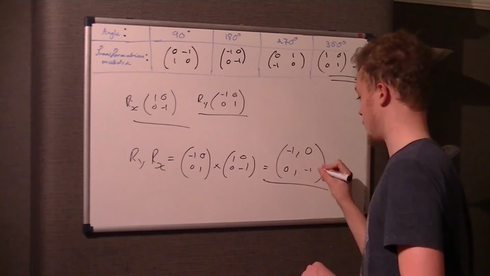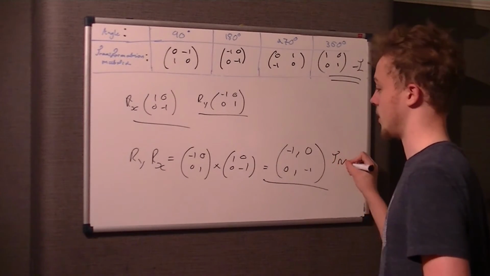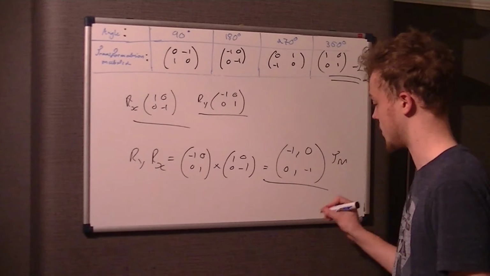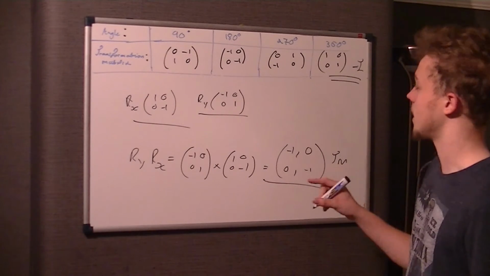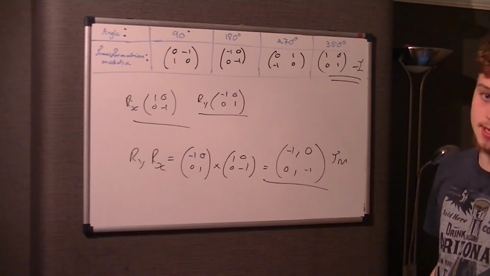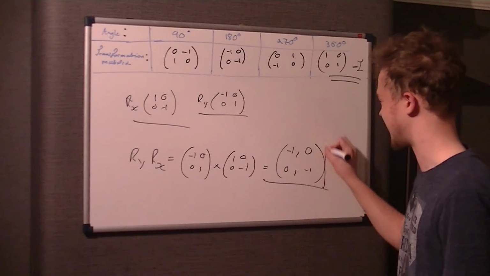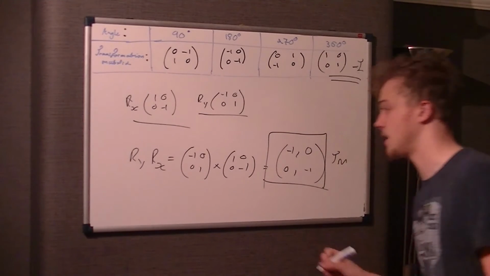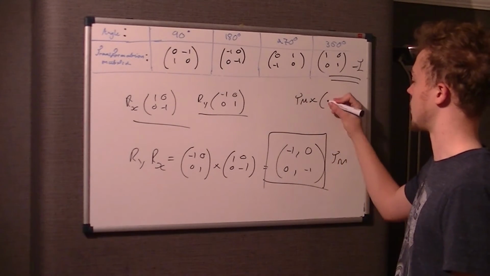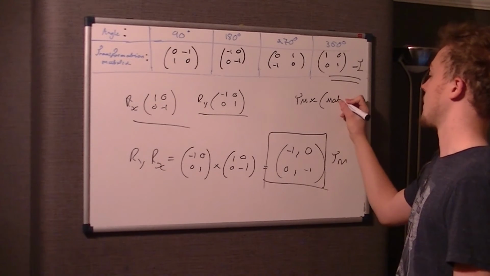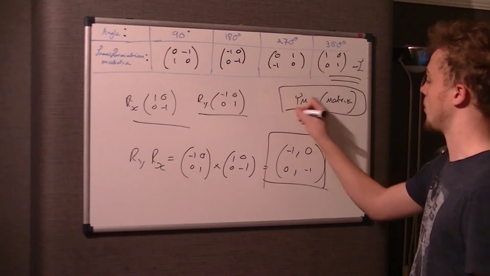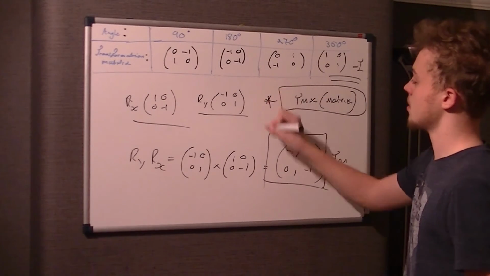So your transformation matrix for reflection in the x-axis followed by reflection in the y-axis is minus 1, 0, 0, minus 1, which is the rotation of 180 degrees. The transformation matrix is exactly the same. So you follow the same principle of transformation matrix times the matrix, and it will give you the new answer for that matrix transformed through whatever you want.